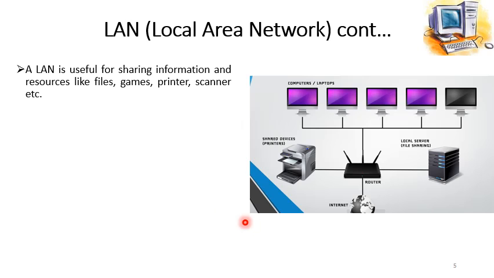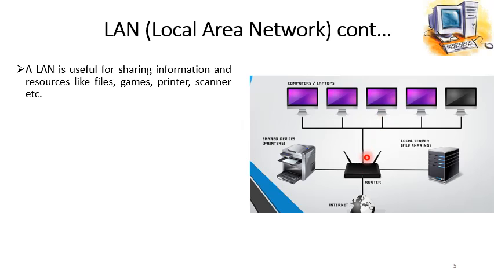A LAN is useful for sharing information and resources like files, games, printers, scanners, etc. Here in this diagram you can see that this is the router which is used to establish this local area network. The router provides internet access to all the computers, plus a printer is also connected to the router and it is shared with all these other computers.